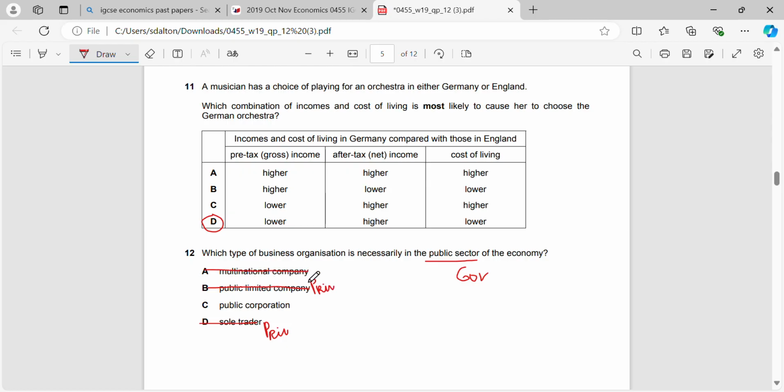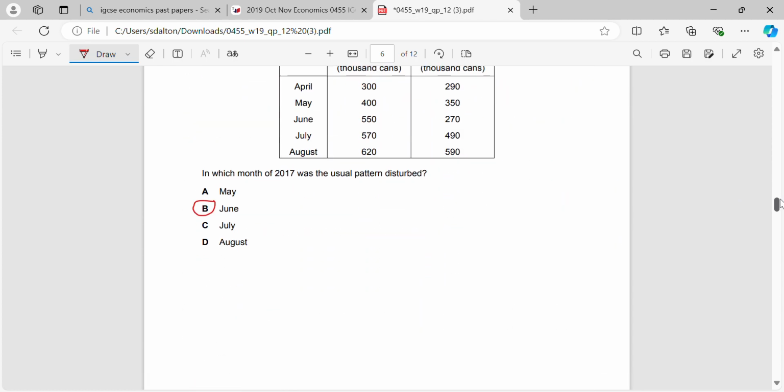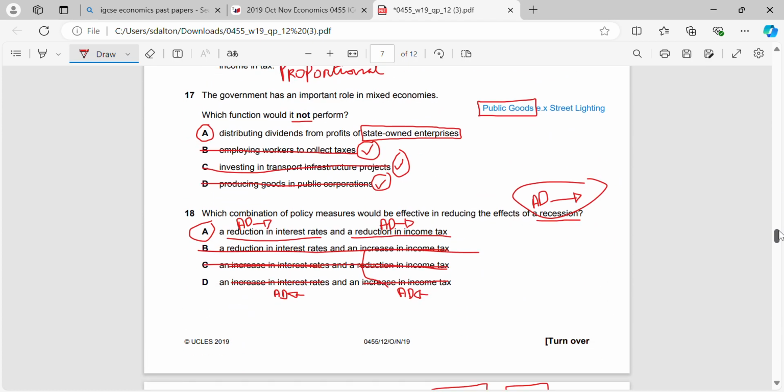And a multinational company will also be private. Whereas a public corporation, they are under the control of the government, which makes them in the public sector. Now remember, there was kind of a hint in one of the other questions down here. Producing goods in public corporations was a role of the government, right?